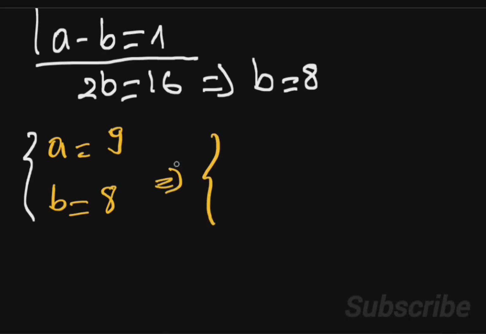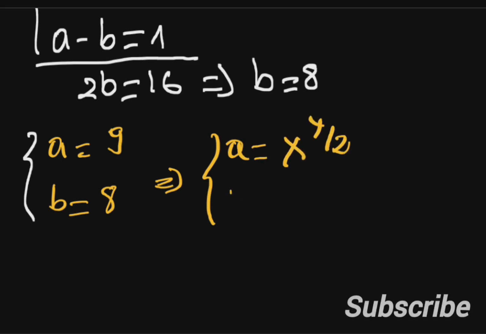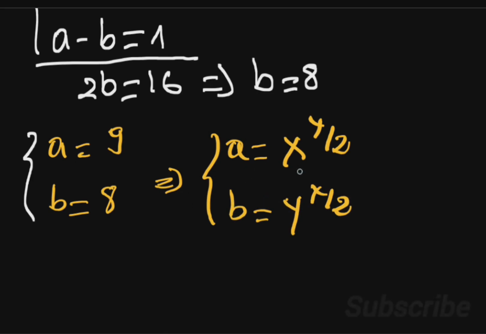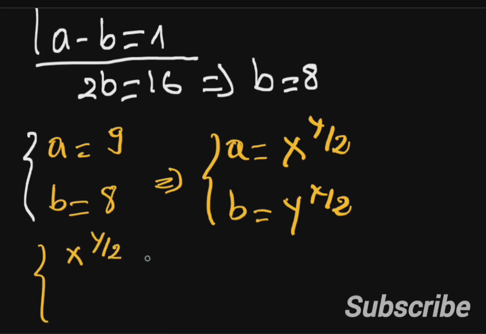Remember that a was equal to x to the power y over 2 and b was equal to y to the power x over 2. So replacing a and b by these expressions in this system, we have x to the power y over 2 equal to 9 and y to the power x over 2 equal to 8.